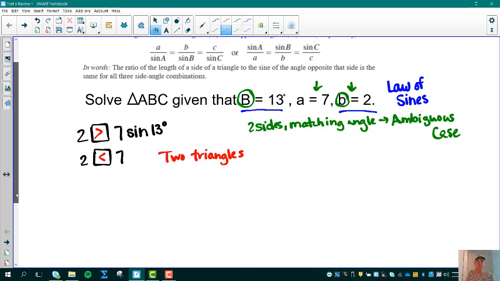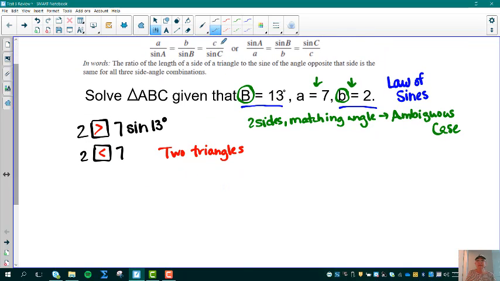All right, so we'll start with triangle 1. We know that angle B and side B will go together, so I'll put the sine of 13 degrees is to 2 as the only other piece of information I have is 7, so it's a side length. It's going to go on the bottom. It's side A, which means we would have to have the sine of angle A on top.